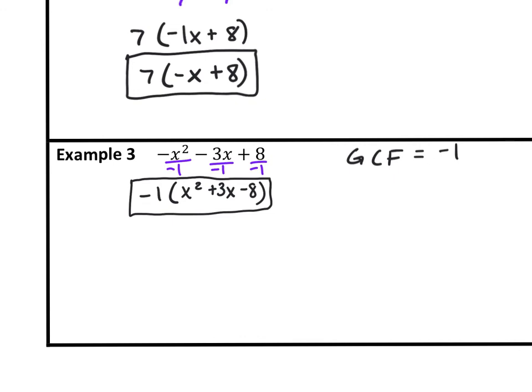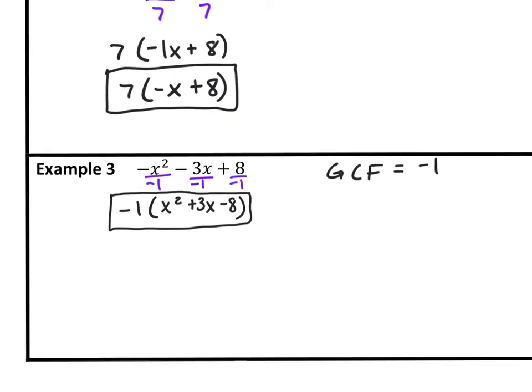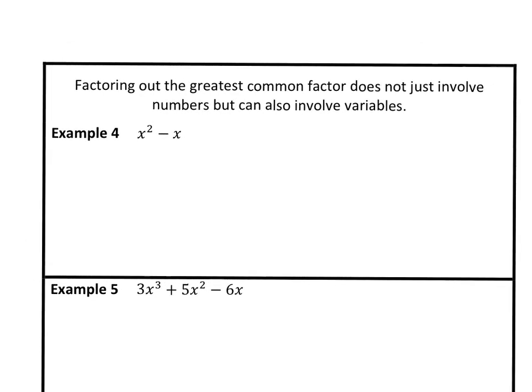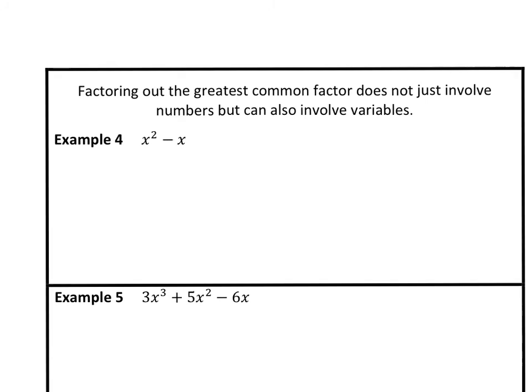Okay, let's go on to example 4. Example 4 says, factoring out the greatest common factor does not just involve numbers, but can also involve variables. Okay, so the greatest common factor in this example, now it says it can involve variables, not just numbers.